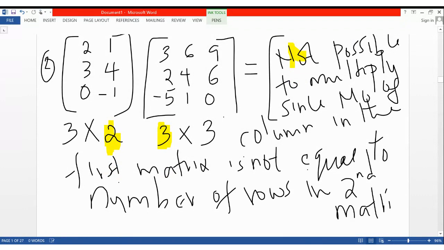So that is the reason why. Not possible because they are not equal. So you must really be careful when you're multiplying.